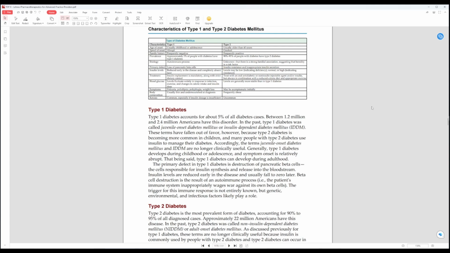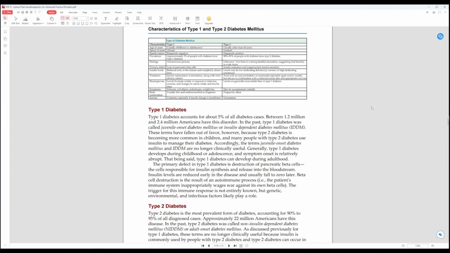Generally, type 1 diabetes develops during childhood or adolescence, and symptom onset is relatively abrupt. That being said, type 1 diabetes can develop during adulthood as well. The primary defect in type 1 diabetes is the destruction of pancreatic beta cells, the cells responsible for insulin synthesis and release into the bloodstream.